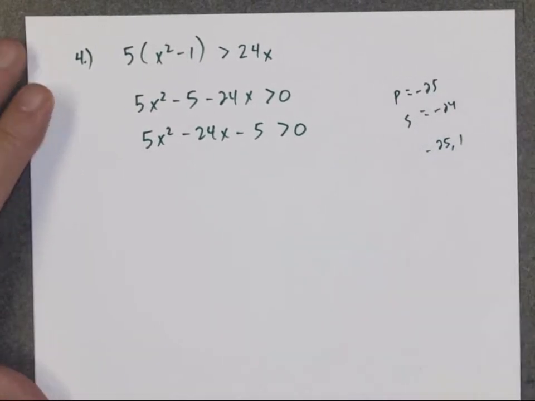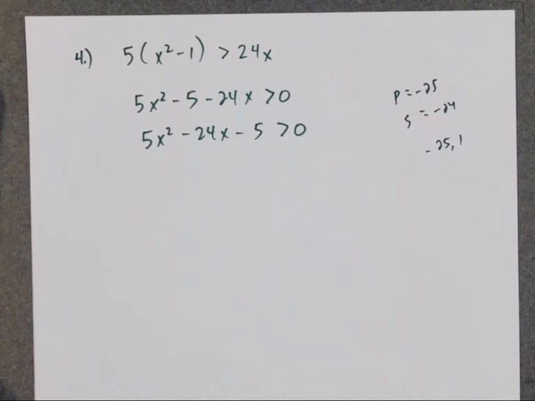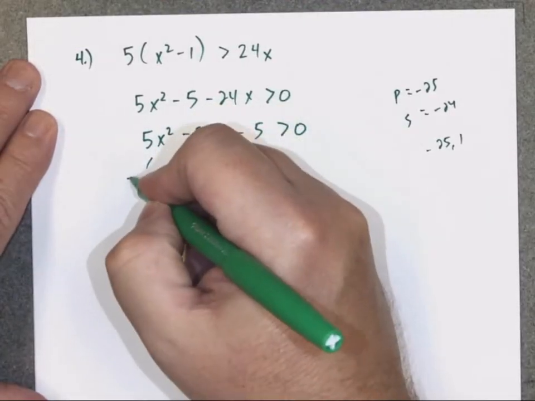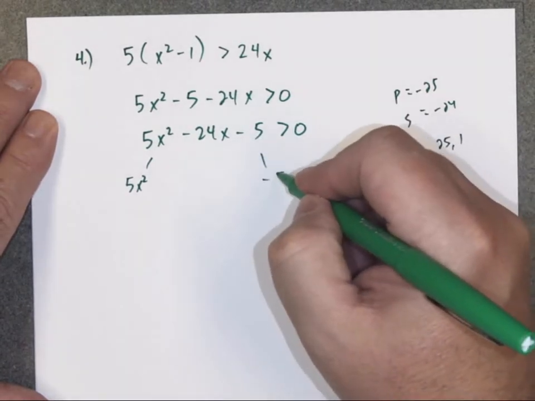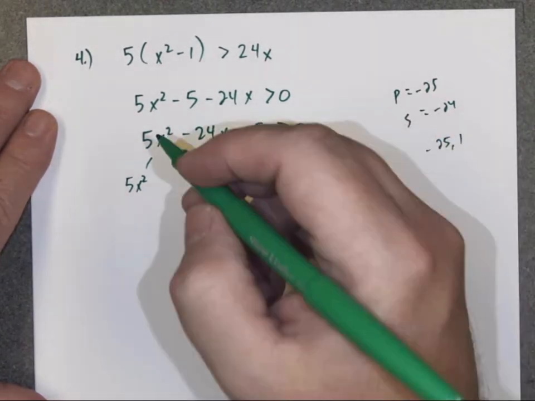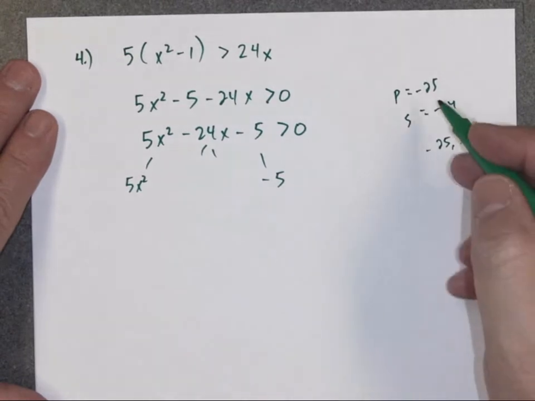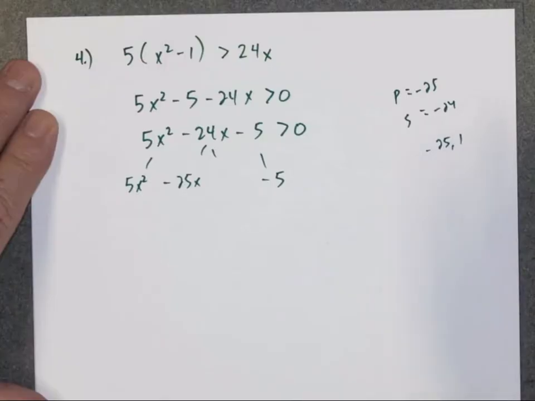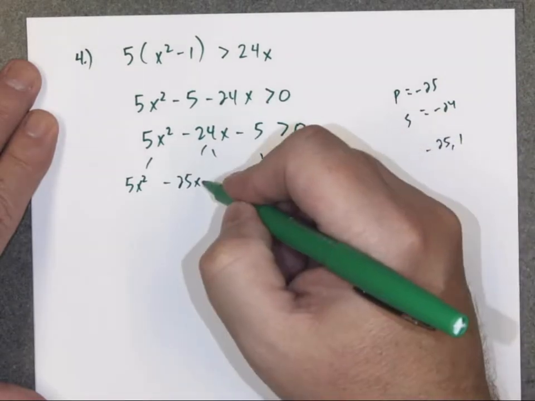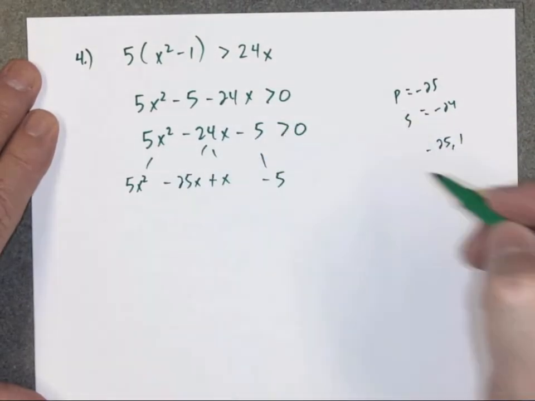I believe it's negative 25 and 1. So then I write the first term and the last term, and the middle term gets broken up into minus 25x and plus x.